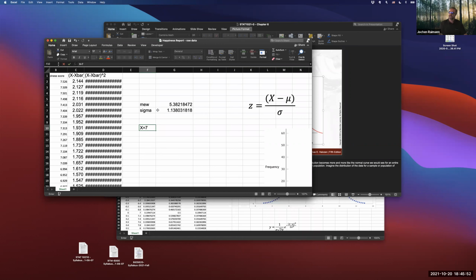And if you have an x equals 7, you calculate 7 minus mu, which is G7, G6, divided by G7. So you know now that your x equals 7 is a z-score of 1.42.